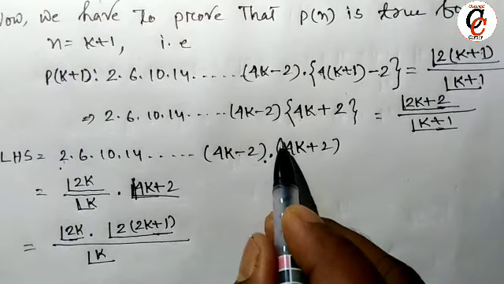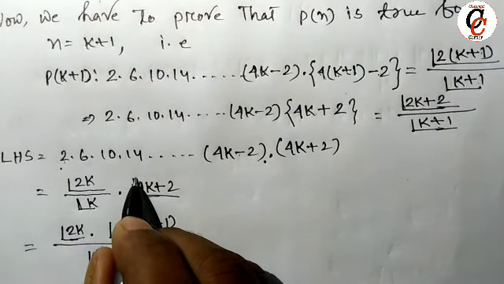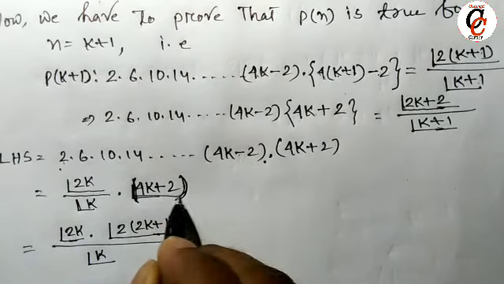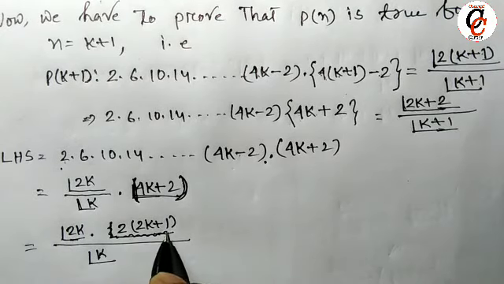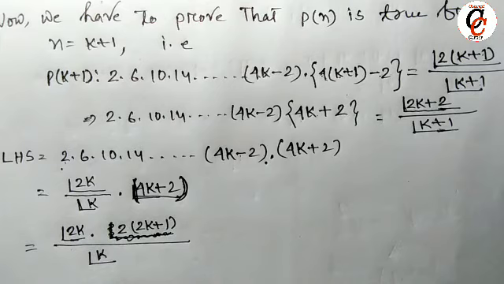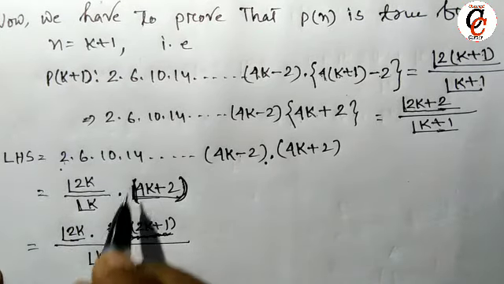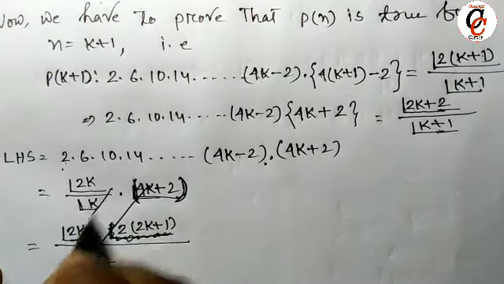Is there any factorial sign in 4k plus 2? No, but I have given a factorial sign here, so cancel it, otherwise it will hurt us. This is not a factorial sign, I have cancelled it.